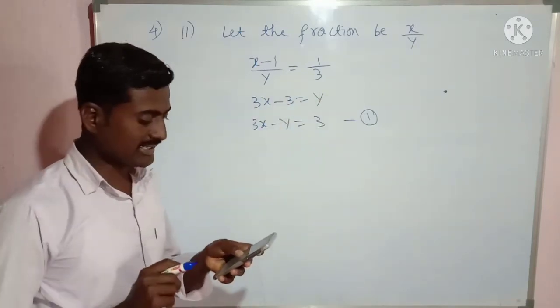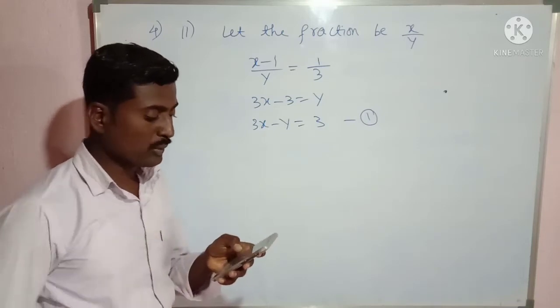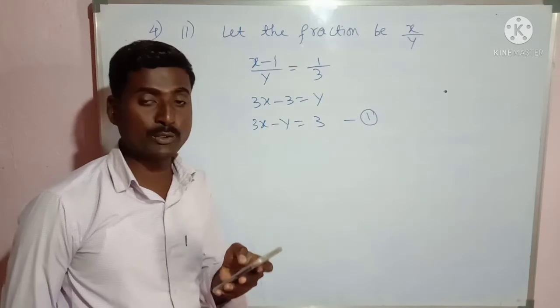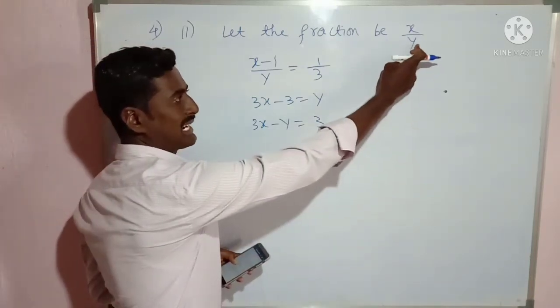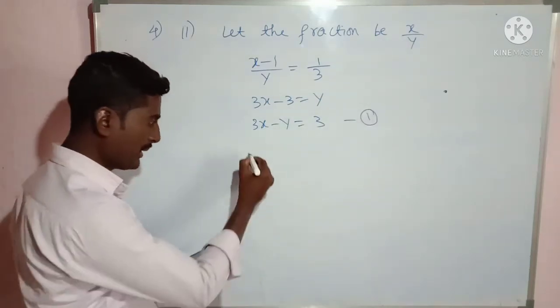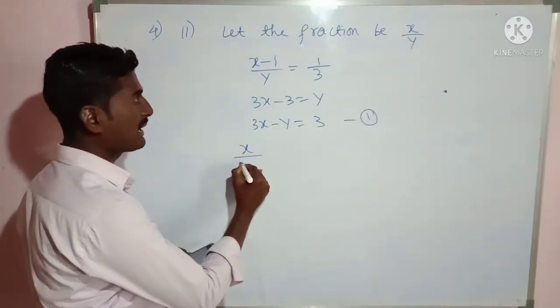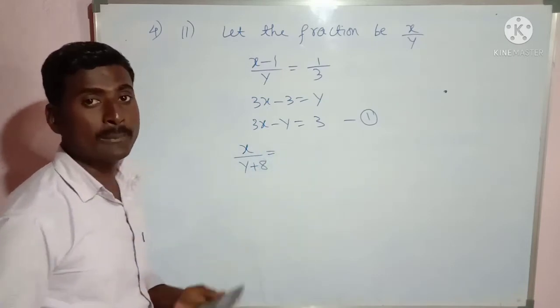Next, second condition: it becomes 1 by 4 when 8 is added to its denominator. If we add 8 to the denominator, the fraction becomes 1 by 4. It means x divided by y plus 8 is equal to 1 by 4.